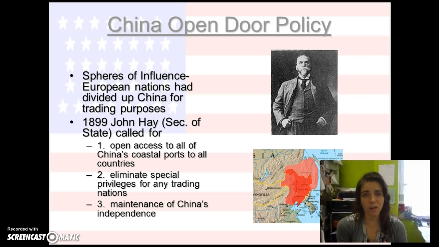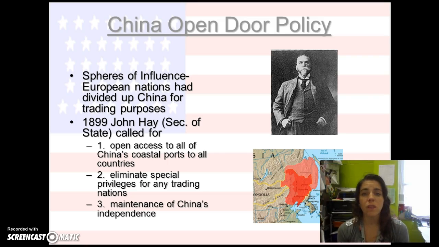So, of course, America is like, hey, we need to get in on this action. In 1899, John Hay, the Secretary of State, said these nations are taking advantage of China. Number one, he said that all Chinese coastal ports should be open to all countries, that it's not fair that you divide China up.